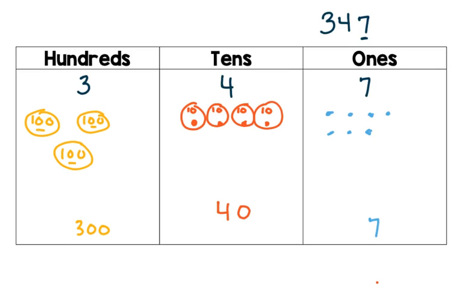So the value of the 3 in that number is 300. The value of the 4 in 347 is 40. And the value of the 7 is 7. We're going to move on to the next slide and do another one.